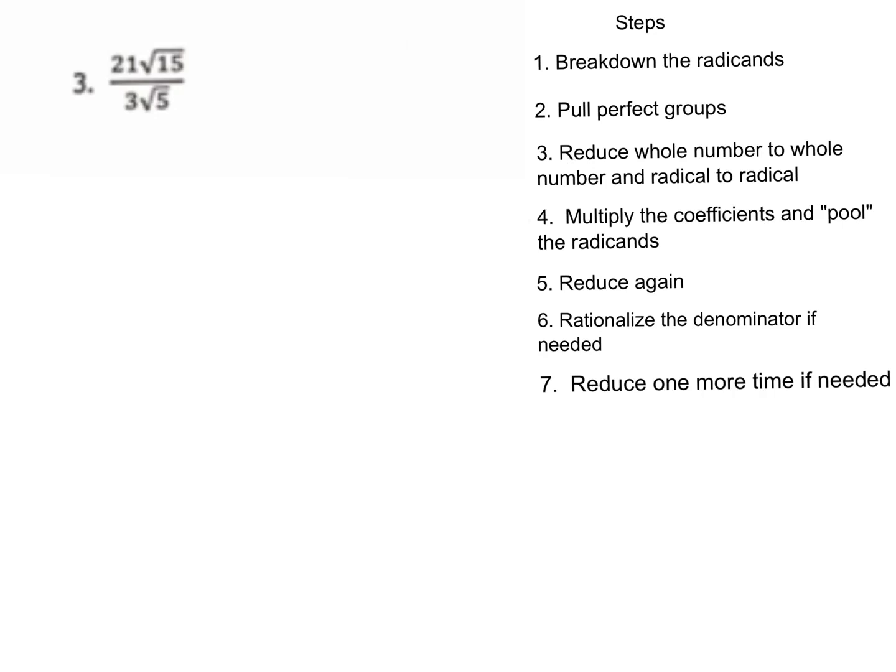So let's start off. Break down the radicands. 21 radical. Now, we all know 15 is 3 times 5. 3 radical 5. Can't do anything with rad 5 on the bottom. Pull your perfect groups. Well, there aren't any. So reduce whole number to whole number and radicals to radicals. Well, whole numbers 21 and 3 I can reduce to 7 and 1.